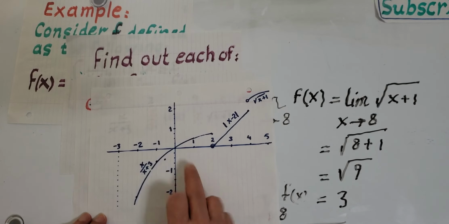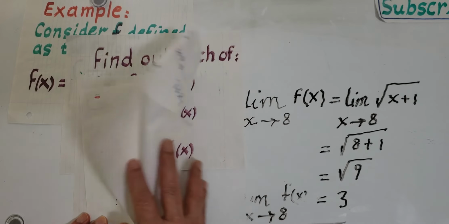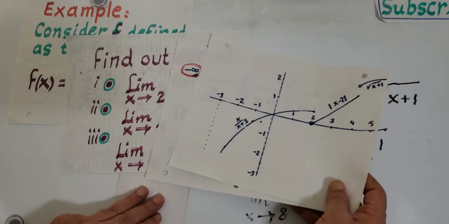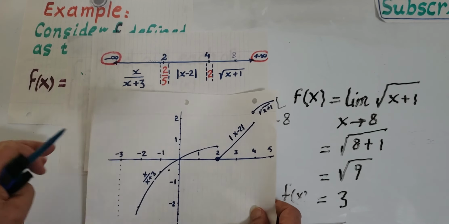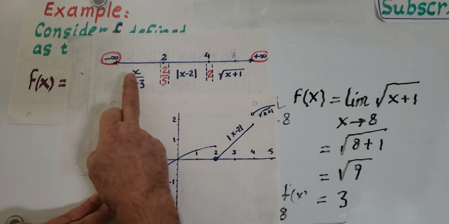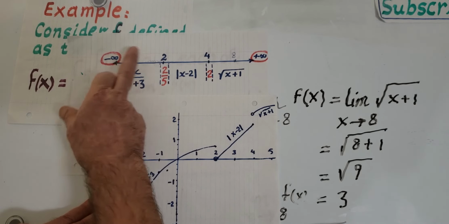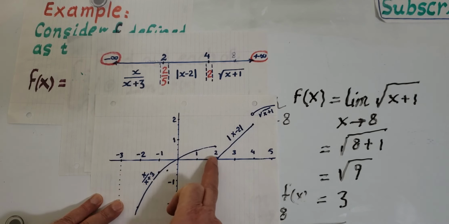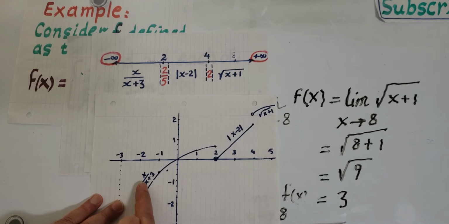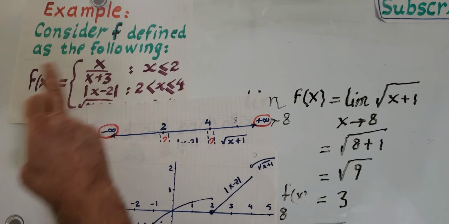For the first interval, from negative infinity till 2, this is the graph of x over x plus 3.